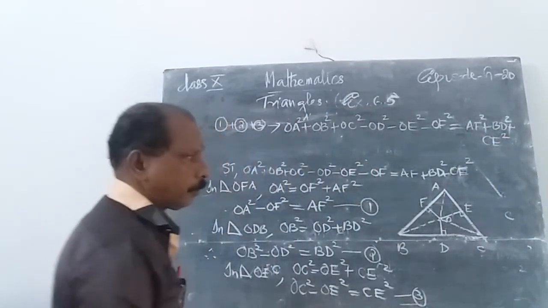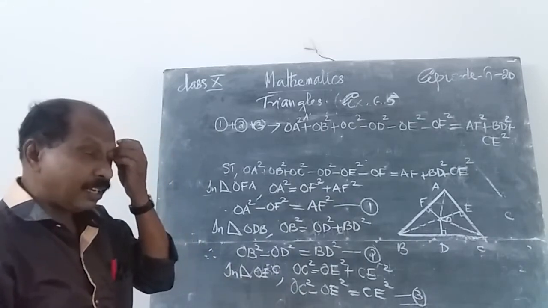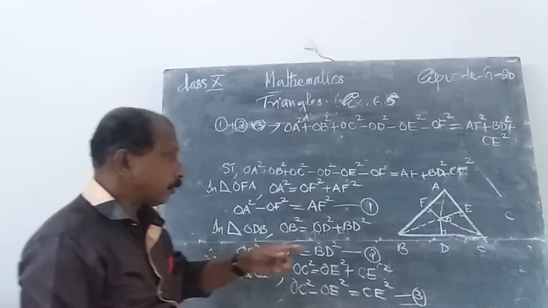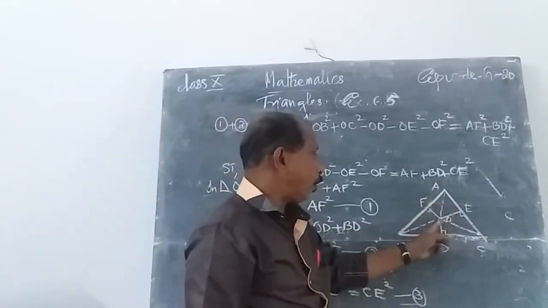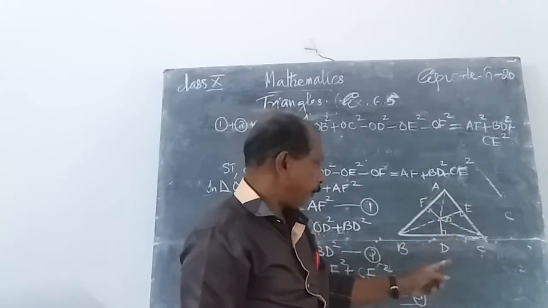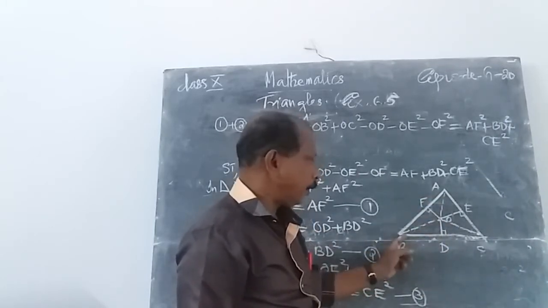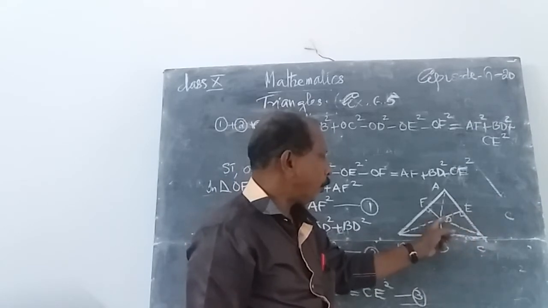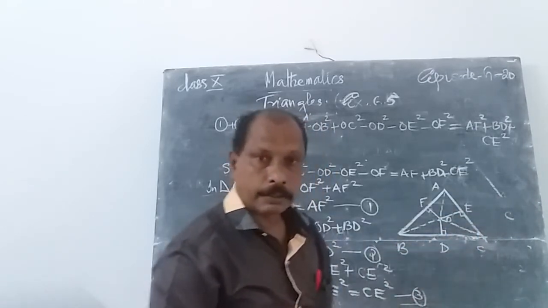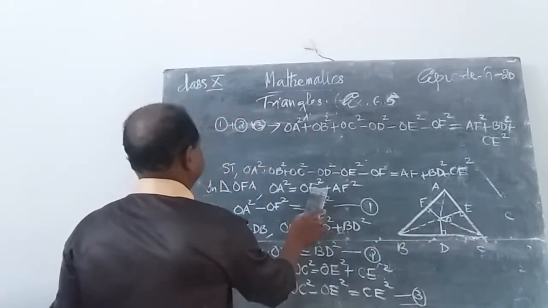That is our result. Let us consider the triangles OFA, then ODB, then OEC. We get the result.